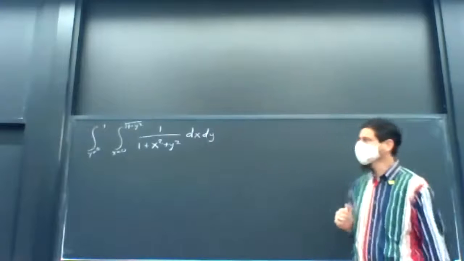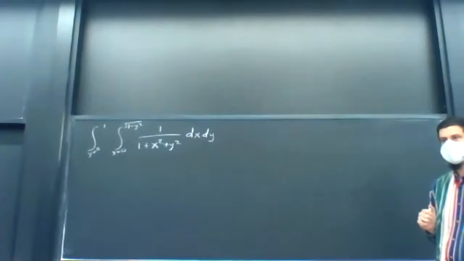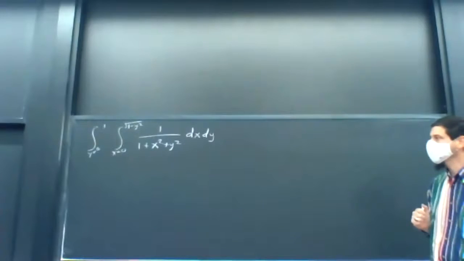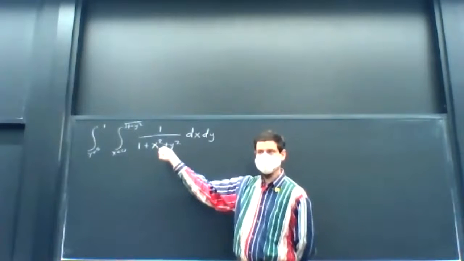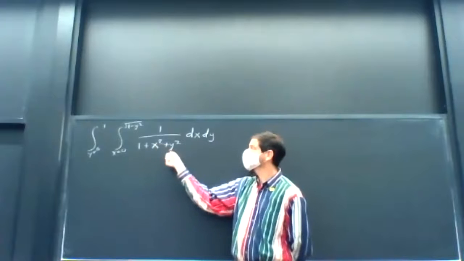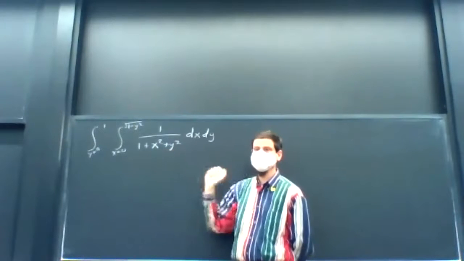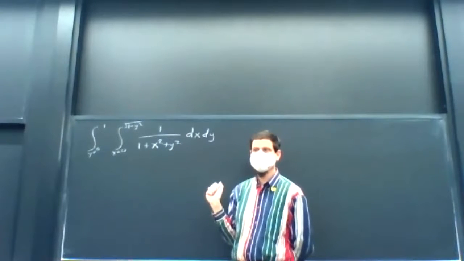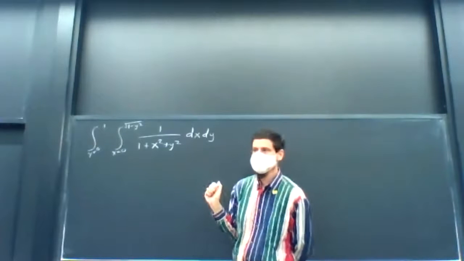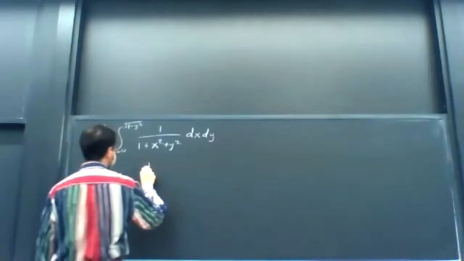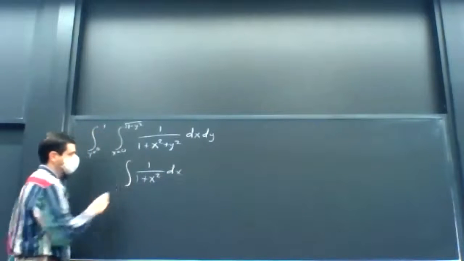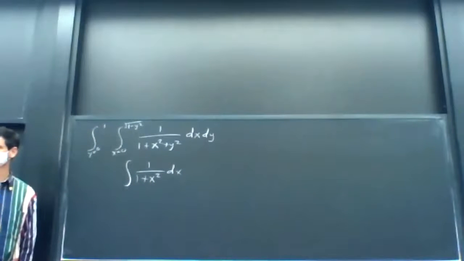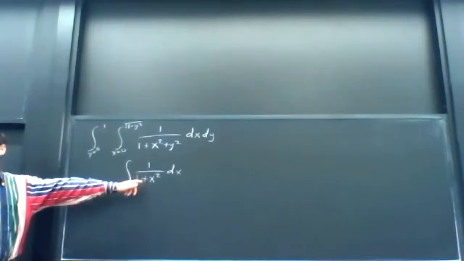So the first thing is, when you're looking at a problem like this, could I do the x integration directly? And just integrate this directly as 1 over 1 plus x squared. If I gave you 1 over 1 plus x squared dx and asked you to find the antiderivative, this is not beautiful.